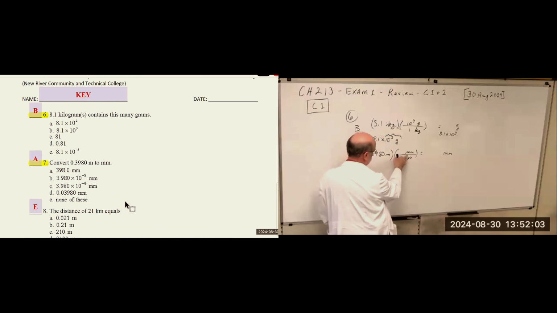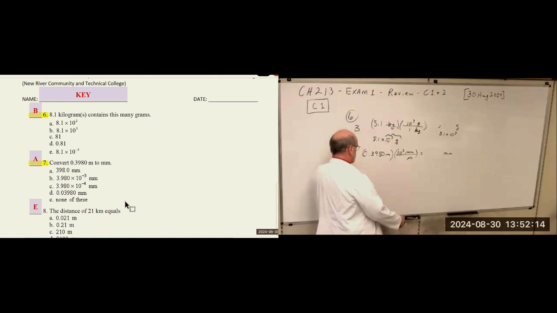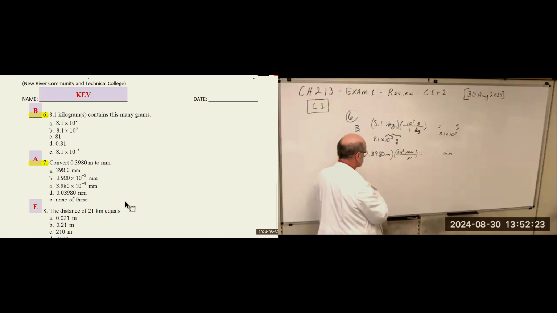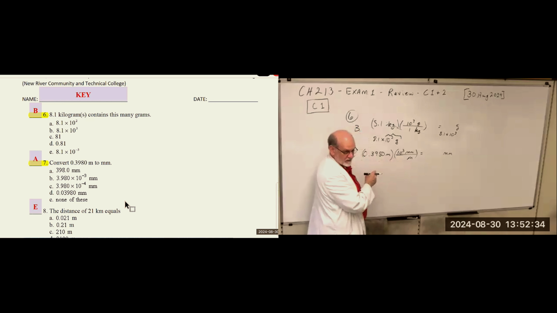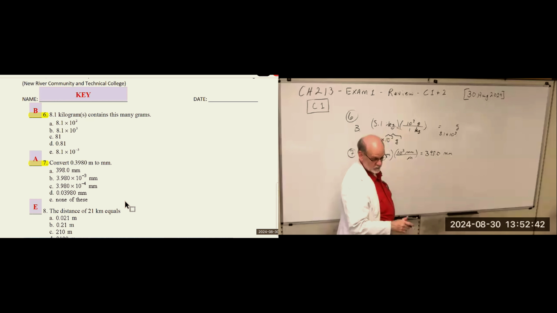How many millimeters in a meter? 1,000 millimeters. Some of the answers are in scientific notation and some of them are not, so let's try it both ways. Which way are we going to move the decimal? To the right, because the unit's getting smaller, so the number has to get bigger. That's the clue. Go to the right 3 places, and we get 398 millimeters. I think that's one of the answers.